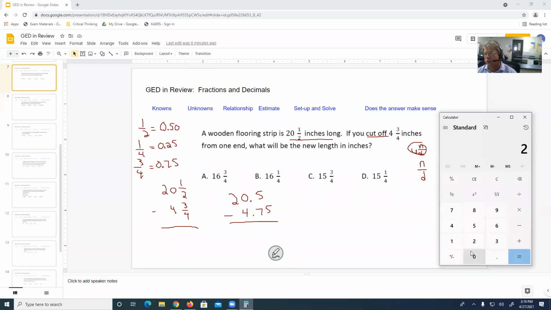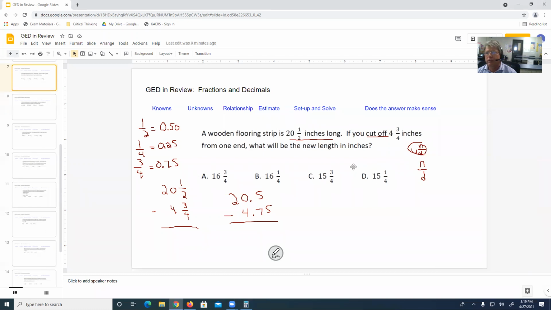So 20.5 take away 4.75, and that gives me 15.75, which leads me to 15 3/4 as a solution on that problem.